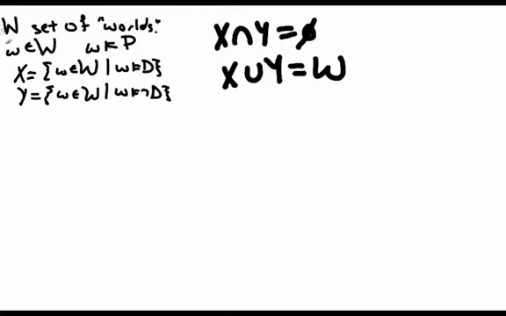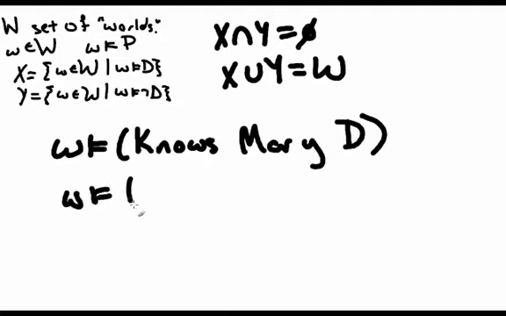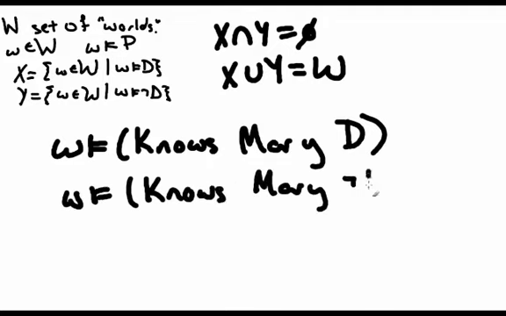Now, how do we model Mary knowing? What does it mean to say, in a world W, knows Mary D? I'm using this prefix notation because SUMO uses it. And what does it mean to say, in a world W, knows Mary not D?